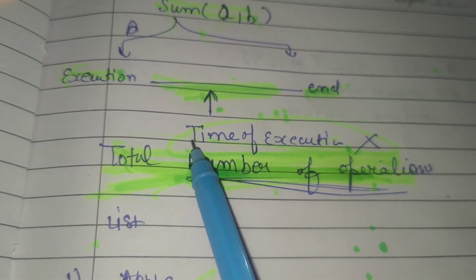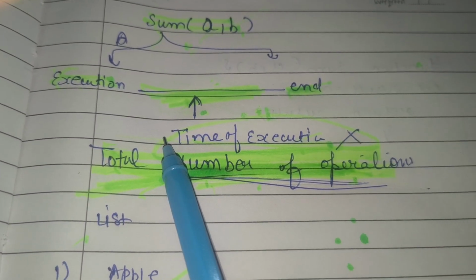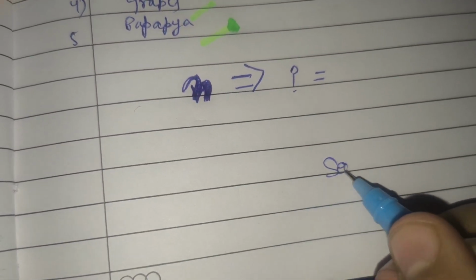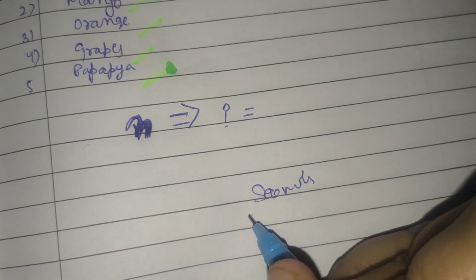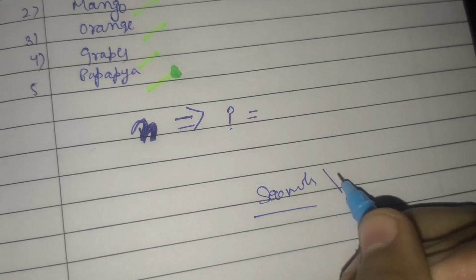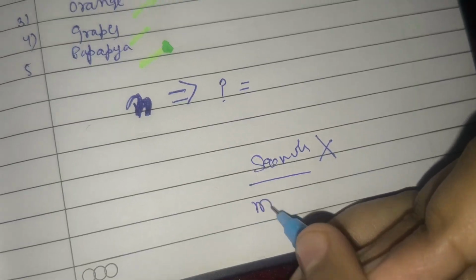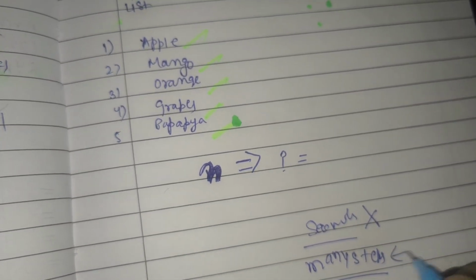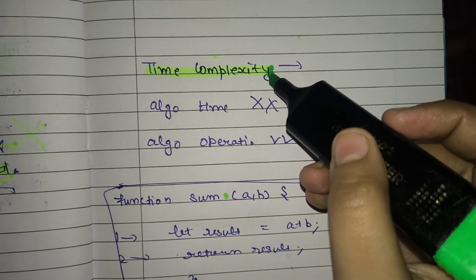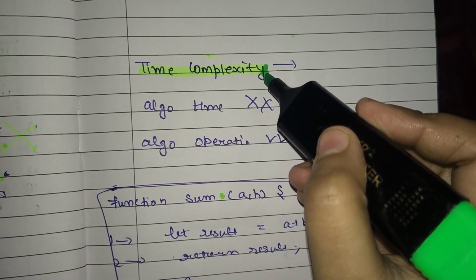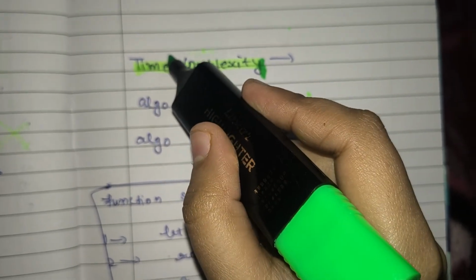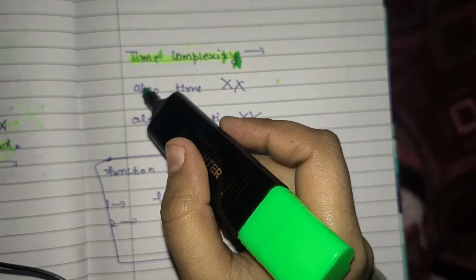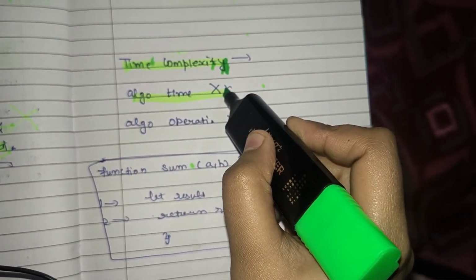Time complexity's definition says time, but we are not calculating time in seconds, like how much time this algorithm took. No, we will calculate how many steps this algorithm took. So focus on the steps, not on the time. Time complexity itself has the word time, but how weird that it does not mean calculating the time an algorithm takes.